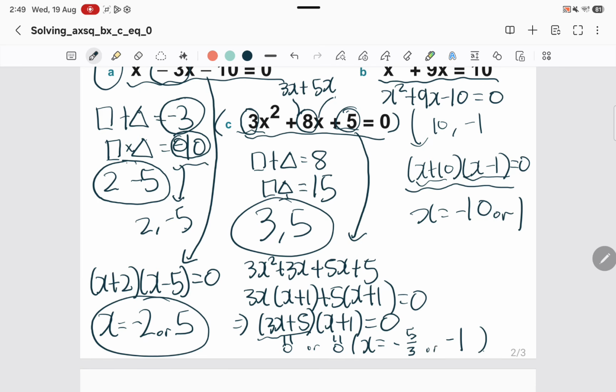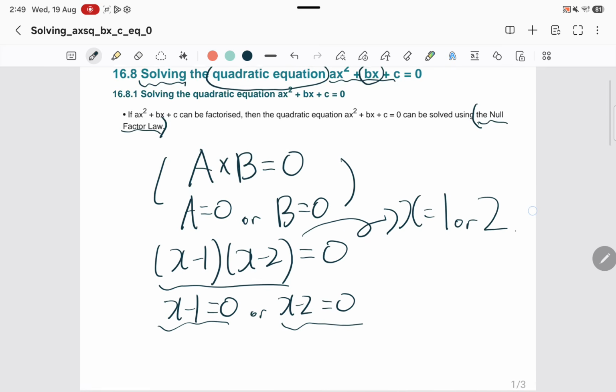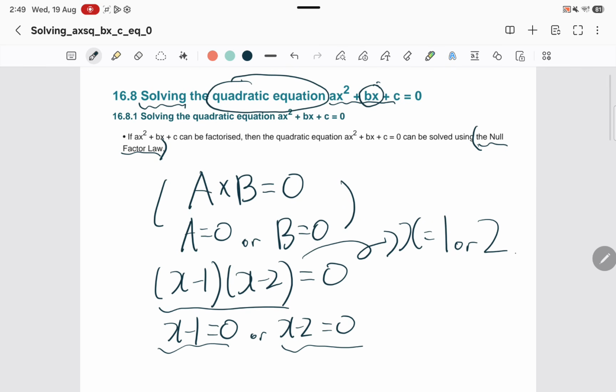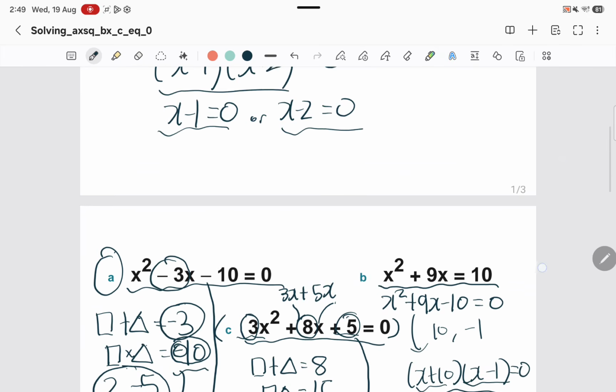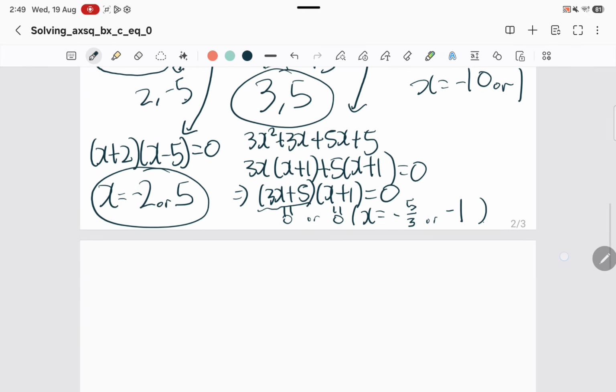That's it. This is how you solve the quadratic equation when the expression can be factorized. It's pretty straightforward. If you know how to factorize, then it shouldn't be that difficult.